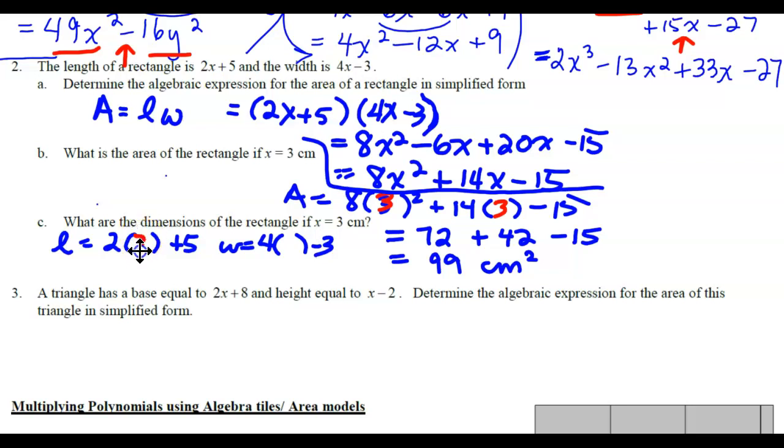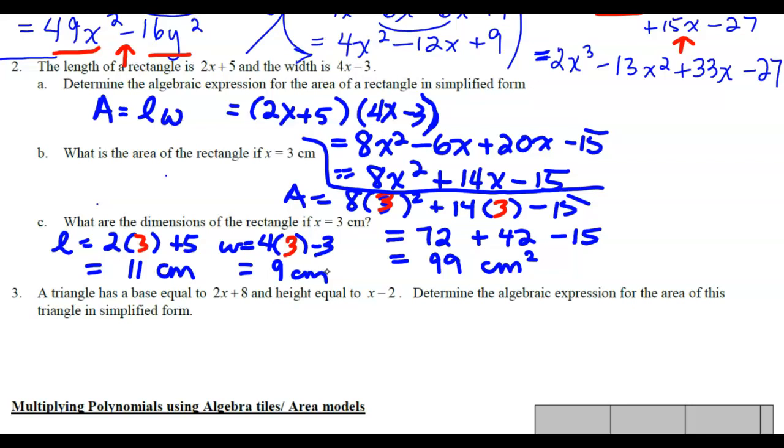So that is 6 plus 5, which is 11 centimeters. The width is 12 minus 3, which is 9 centimeters. Does that make sense? Is 11 times 9 equal to 99? Yeah. So it's a way of checking your work.